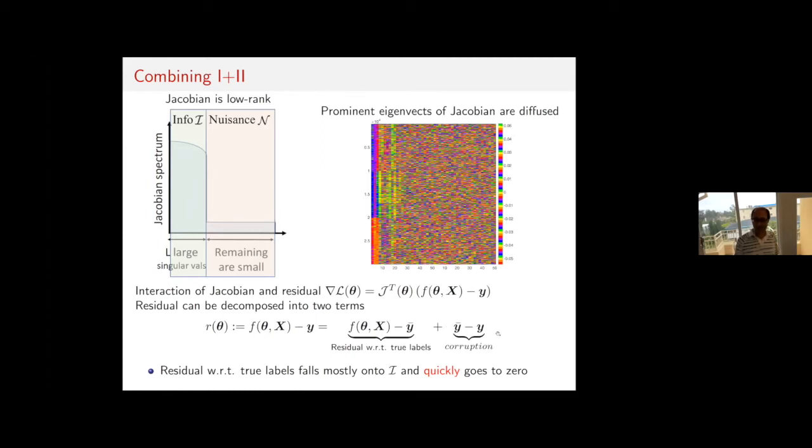This part mostly lies on the remaining eigen directions, and so it picks up energy very slowly. It will also eventually go to zero, which is why you can perfectly fit eventually. But it goes to zero very slowly. So if you stop early, you make this term zero, but you still essentially keep this term intact. That's the basic intuition for how this works.